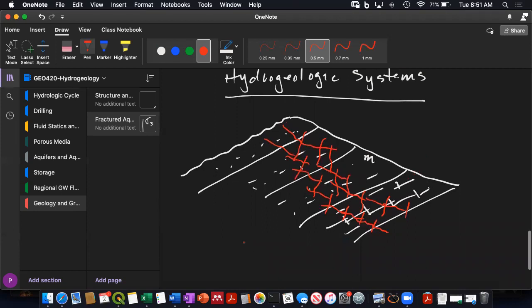So in this case, groundwater flow will follow preferred fracture orientation.